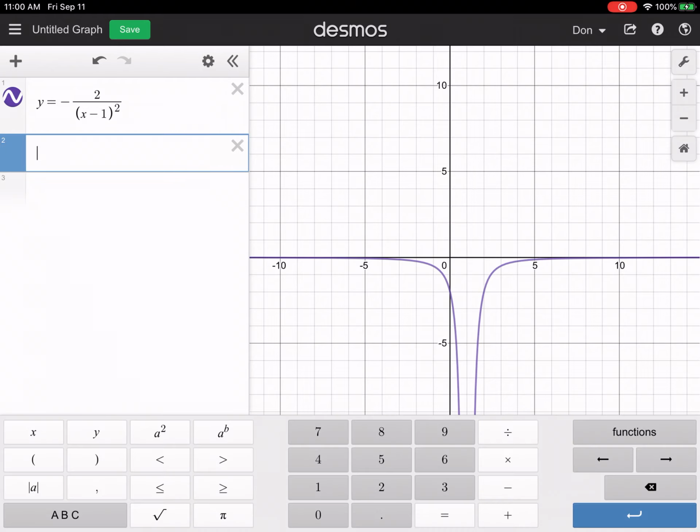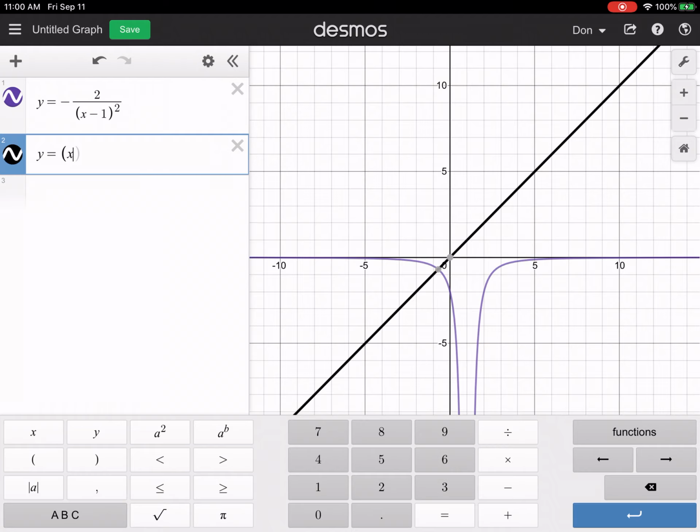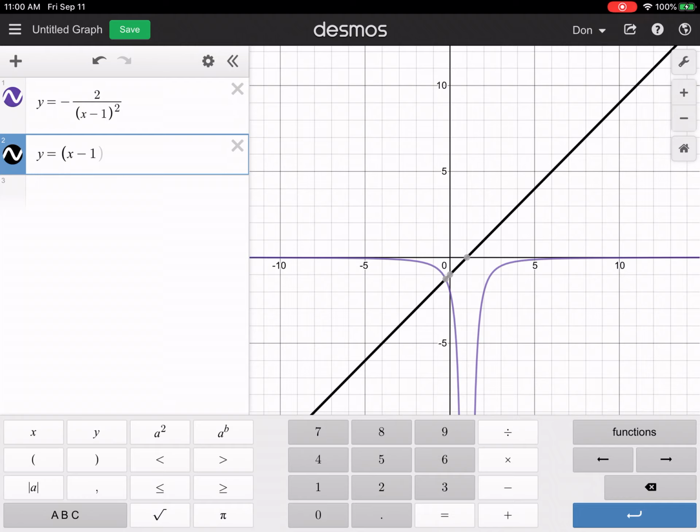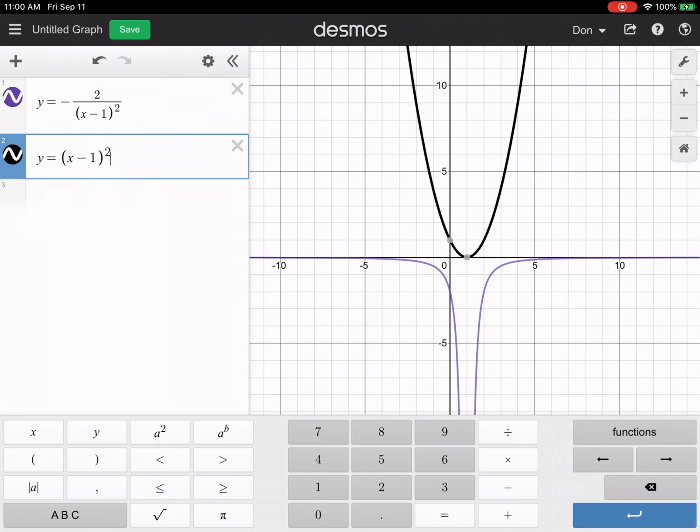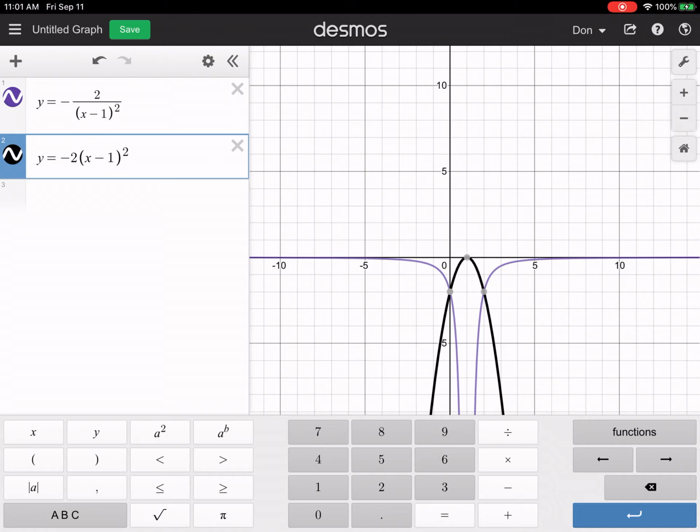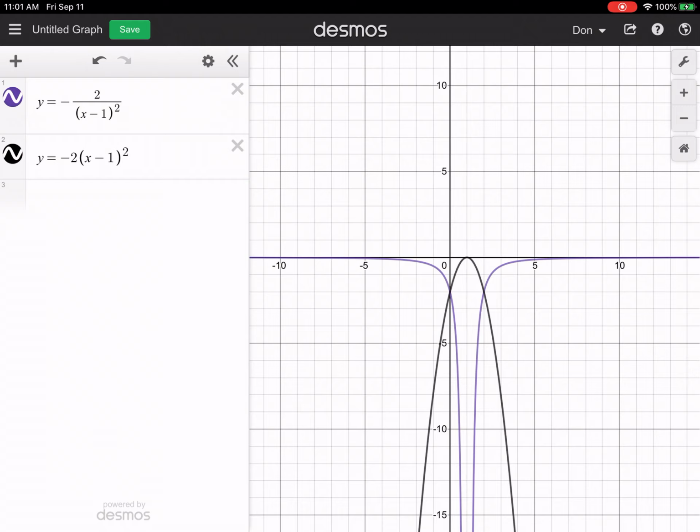Let's look at the graph again of x minus 1 squared. Now there's some other things in this equation which might cause a little bit of confusion, but even if I were to throw in a negative 2 there, there we go. You can see that the original function has got a 0 at positive 1, and that's where the reciprocal of it is going to have its vertical asymptote.